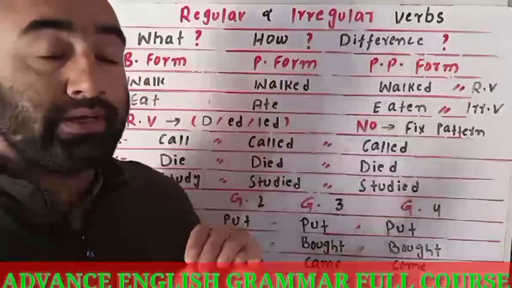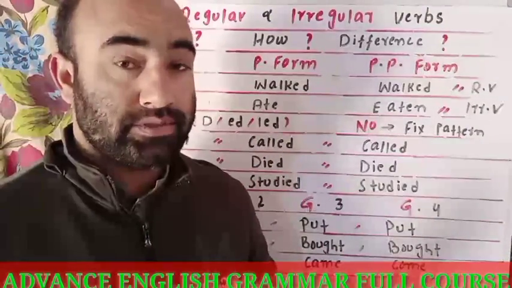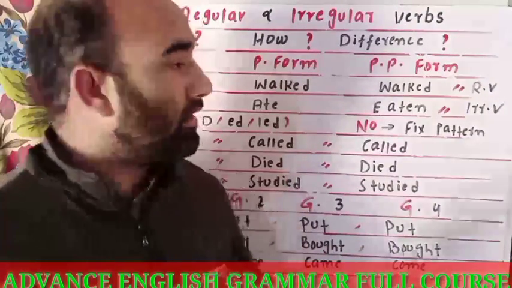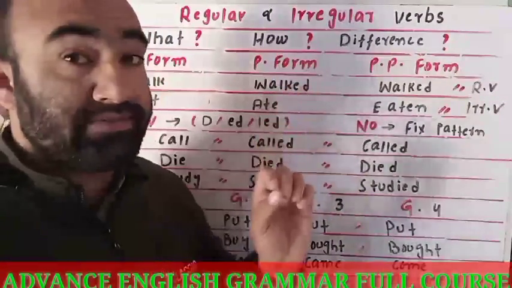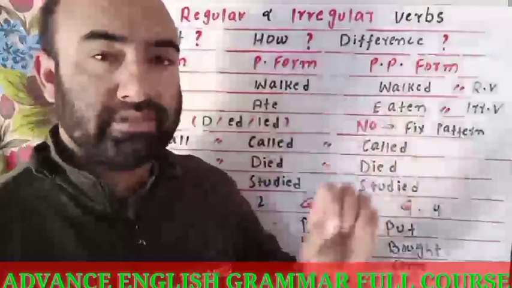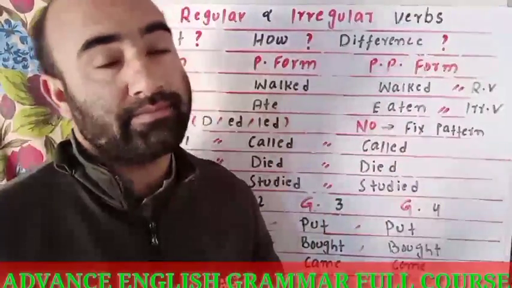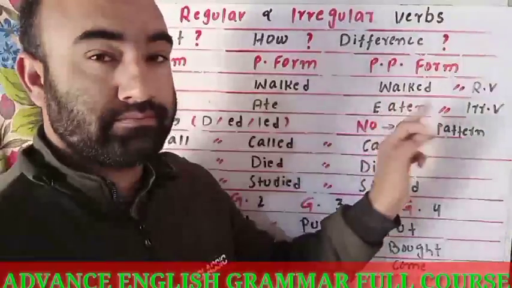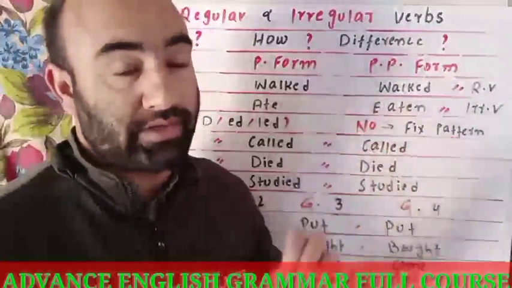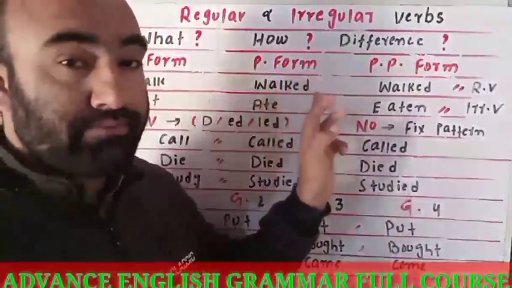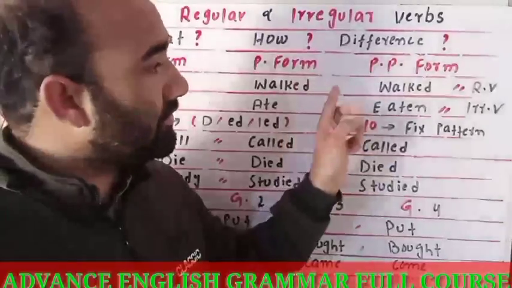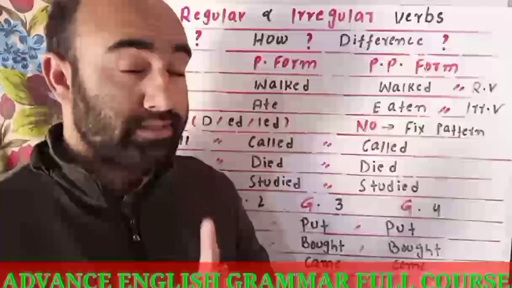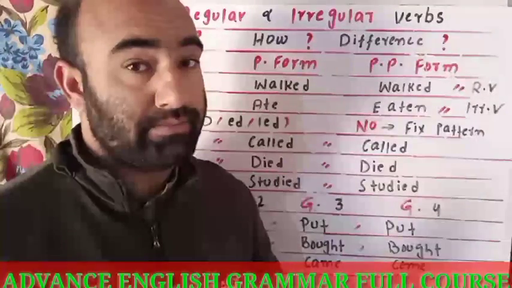Whenever you are going to change the base form of the verb into the past form and the past participle form of the verb, we just add ed with these two forms.